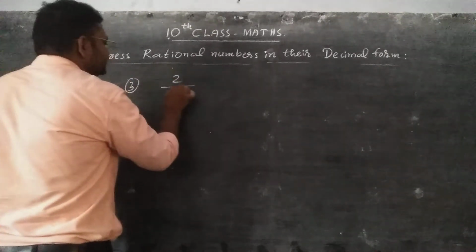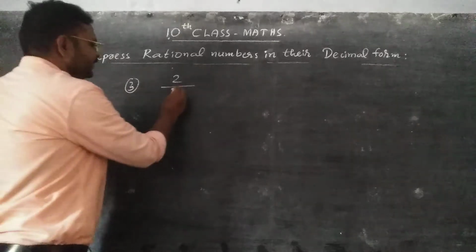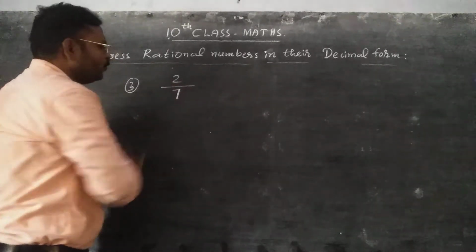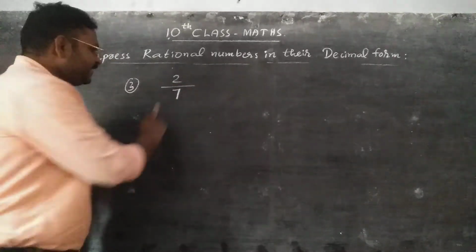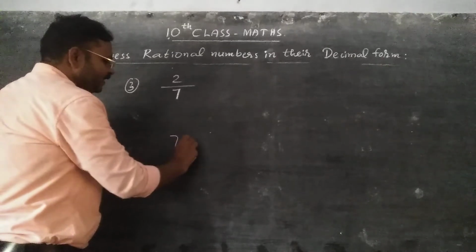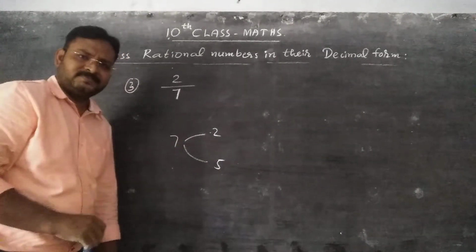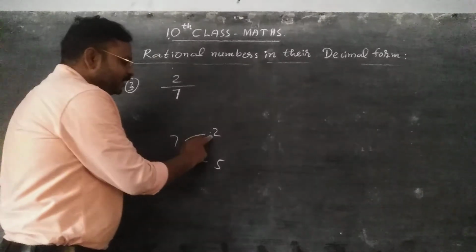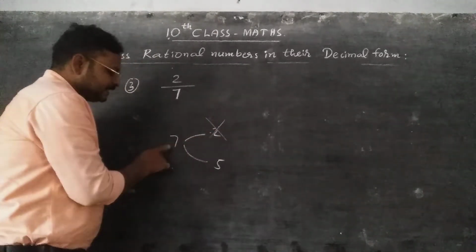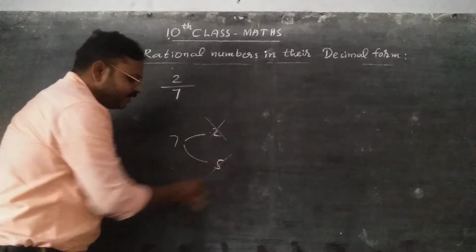2 by 7. Here 7 is the denominator. 7 is not a multiple of 2. It is not a multiple of 5. 7 is not in the 2 table, and 7 is not in the 5 table.